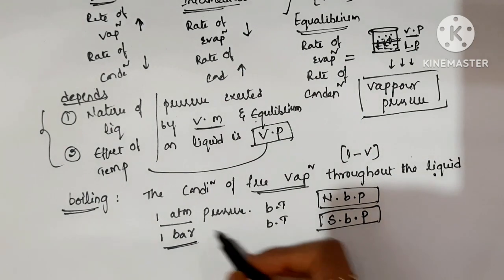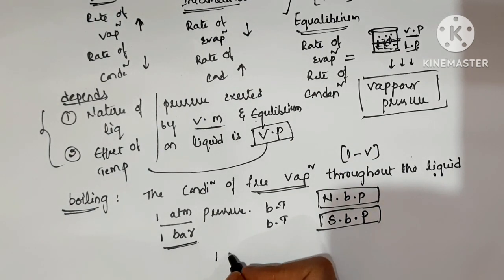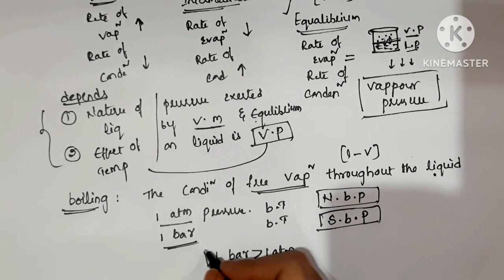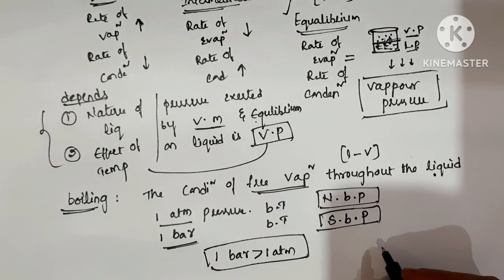Because 1 bar pressure is slightly less than 1 atm, right? Slightly less than.